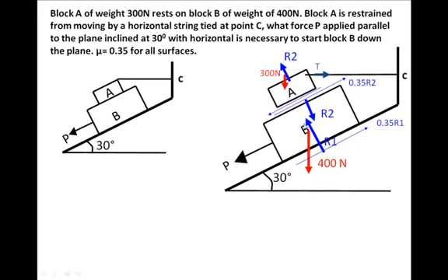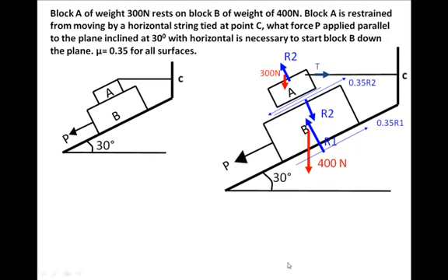Now that we have drawn all the forces, all we have to do is write sigma Fx = 0, sigma Fy = 0 for each of these bodies. When bodies are on an incline and their surfaces are parallel to the incline, it is convenient to take the x-axis along the plane and the y-axis perpendicular to the plane.